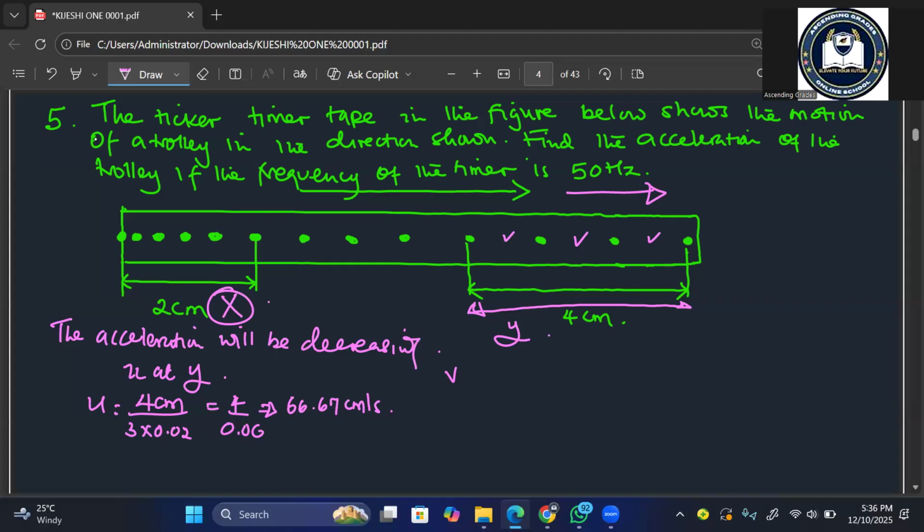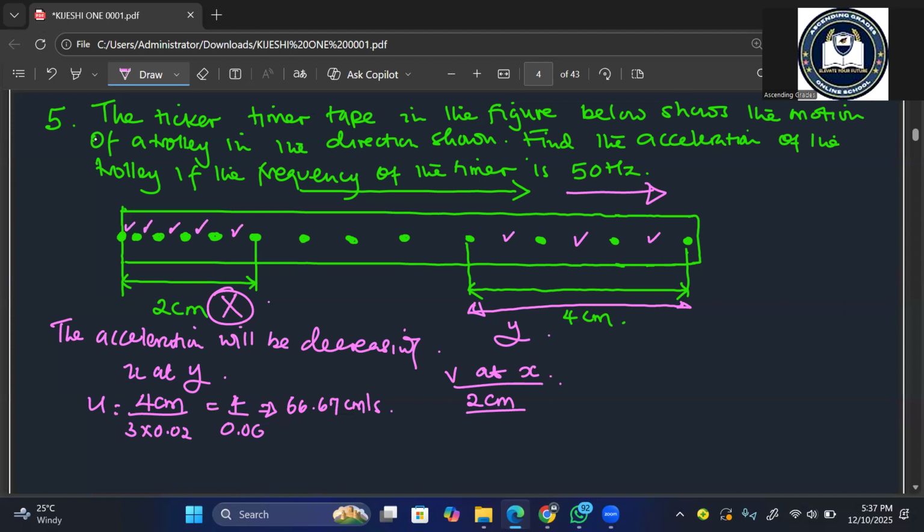Final velocity at X. So we shall have a distance of 2 centimeters divided by, let's count the number of spacing. 1, 2, 3, 4, 5.